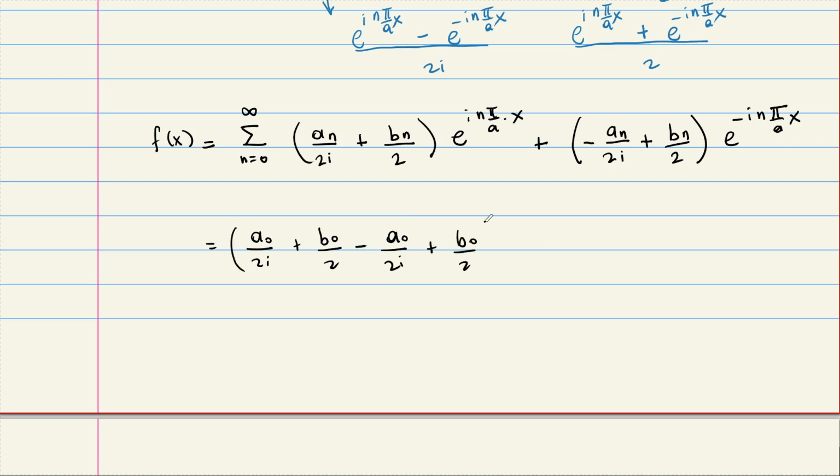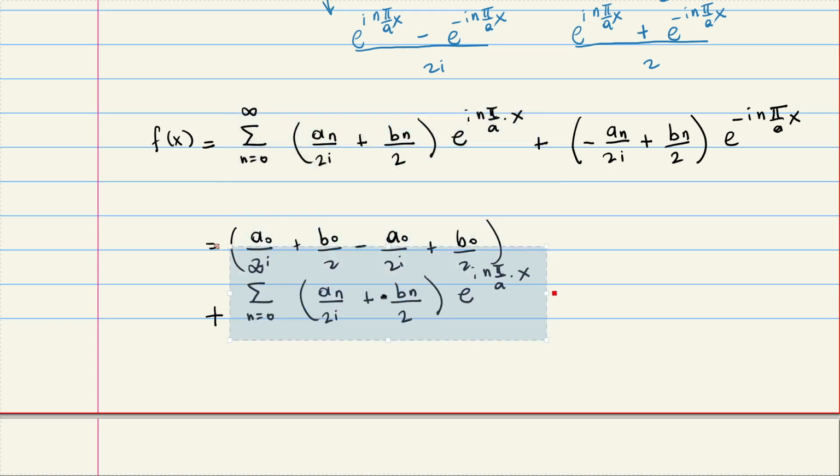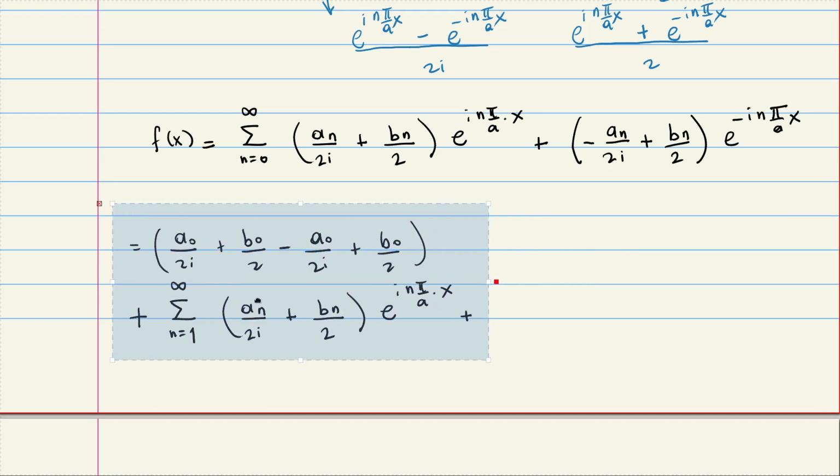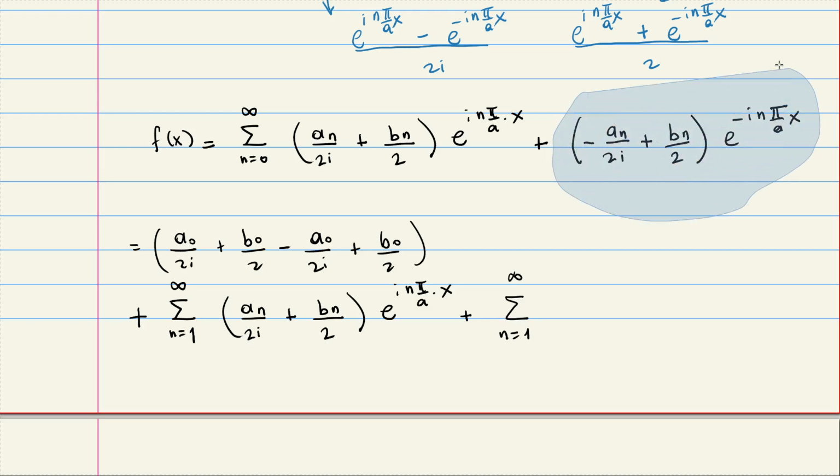This is the zeroth term, plus this thing. Since the zeroth term is gone, this is going to start from 1. Plus, let me shift this a little bit. Again, this is n equals 1 to infinity, this term.